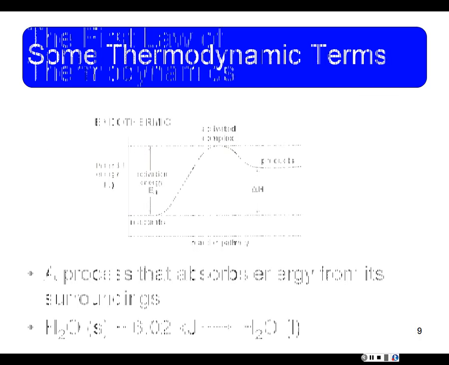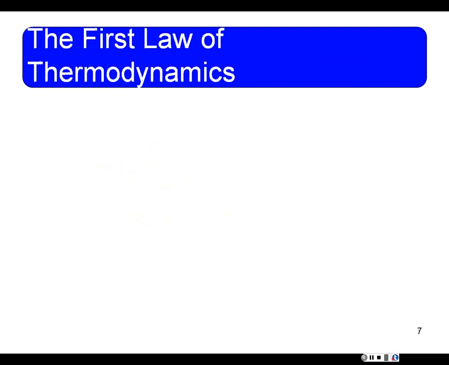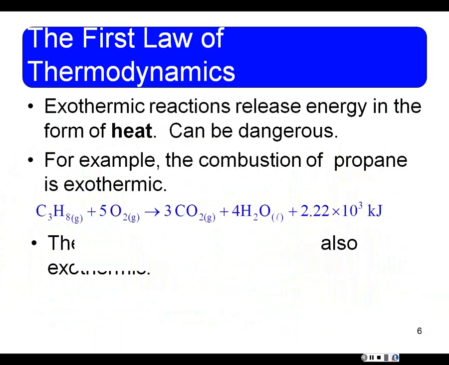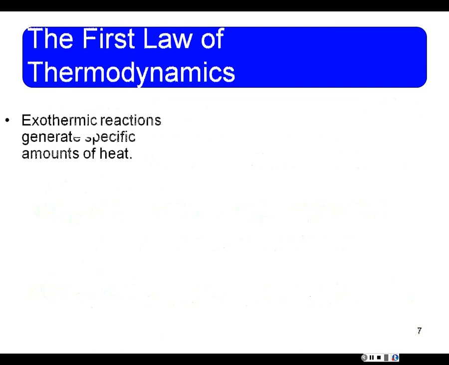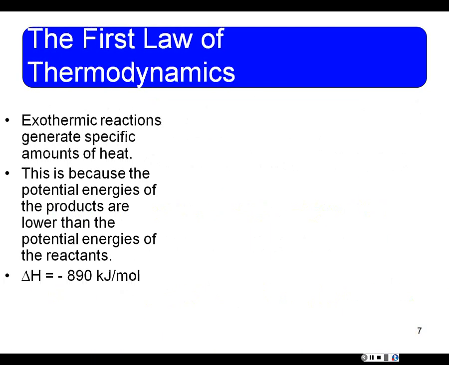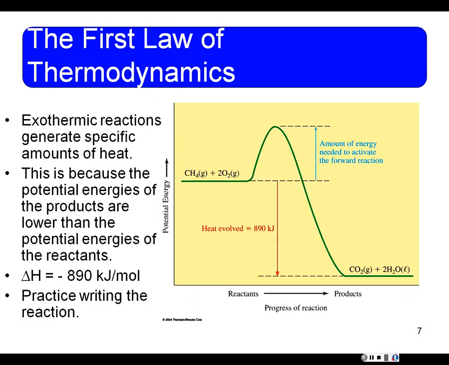Okay, so if we go back and look at these diagrams that we looked at, take me just a second. I think I skipped it. Hang on. Yeah, I did. There we go. So this was the exothermic reaction.